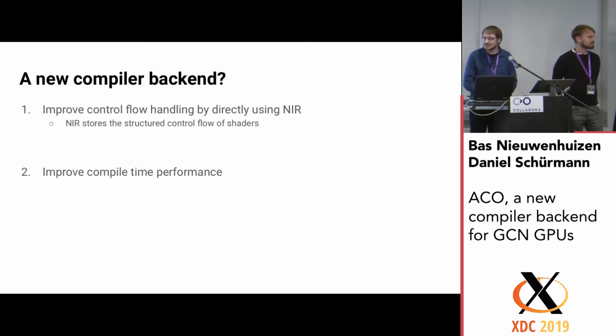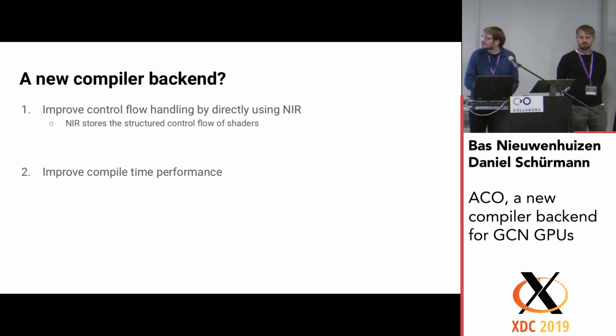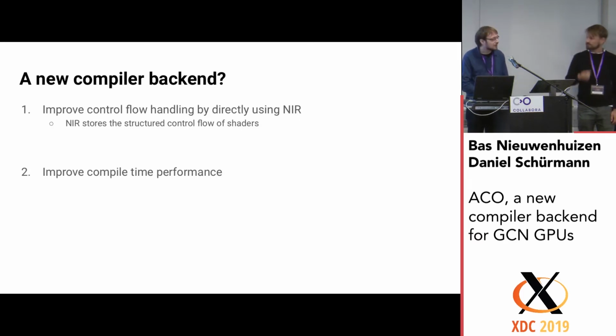It turns out that a top issue for GPU hangs or performance problems with shaders in Radv was when we got control flow wrong in the first place. It's very easy to get an infinite loop or something when you do this wrong, or there are some other issues I'll explain a bit later.